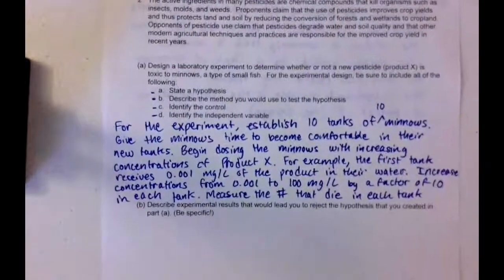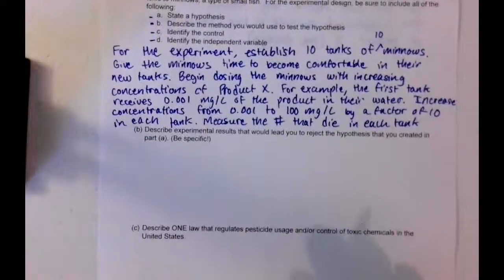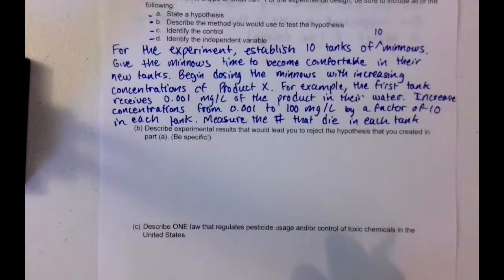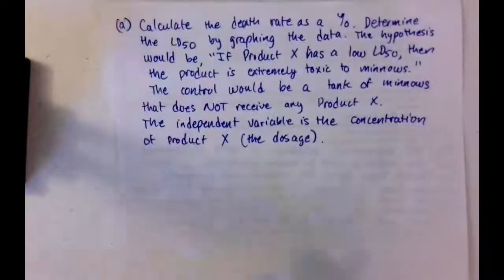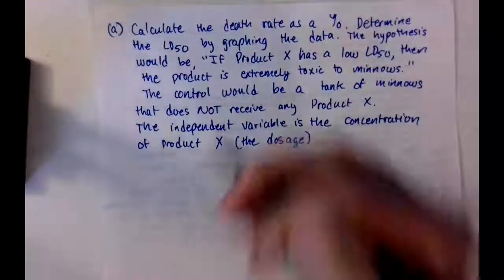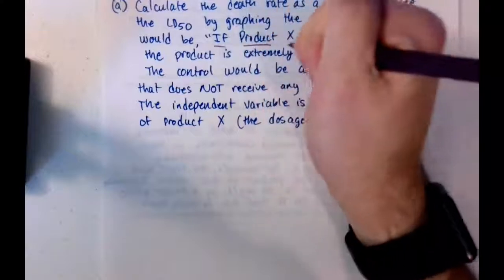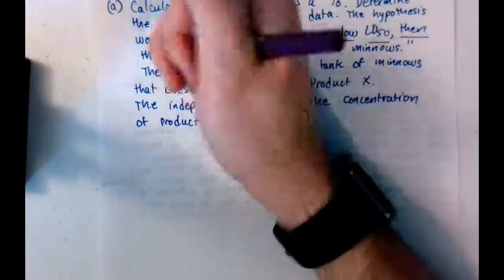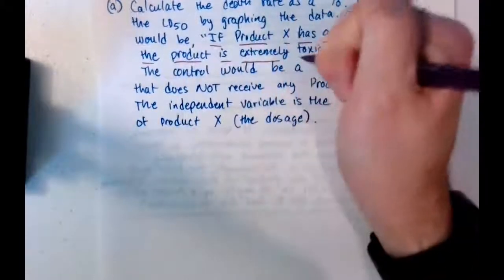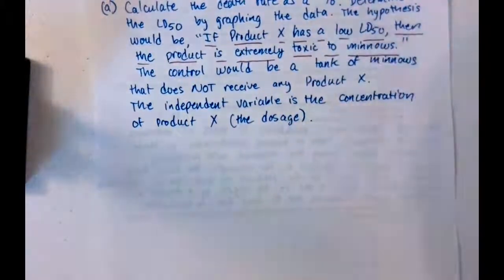All right, letter B. It says, describe experimental results that would lead you to reject the hypothesis that you created in part A. So the hypothesis that I created, if you read back here on the back, is: if product X has an extremely low LD50, then the product is extremely toxic to minnows. Okay?